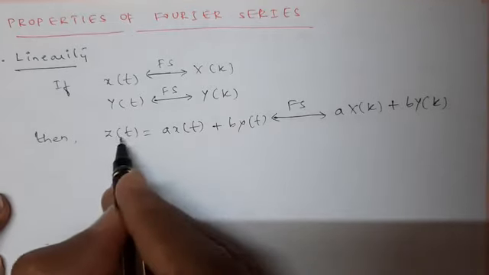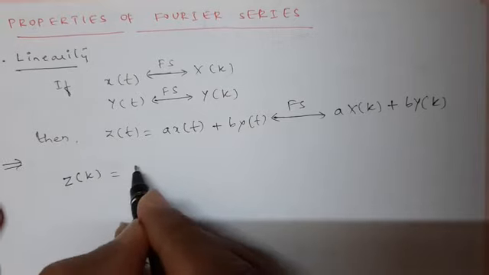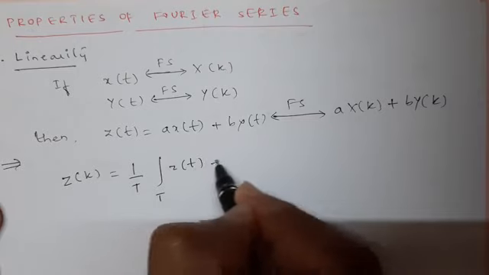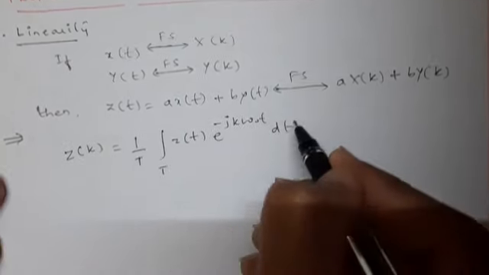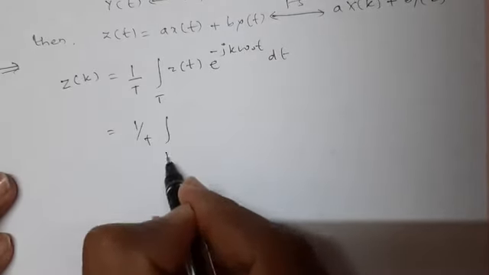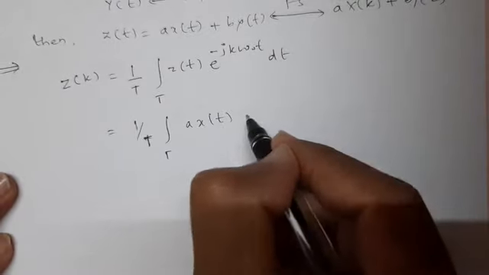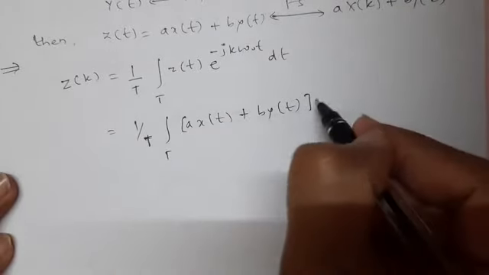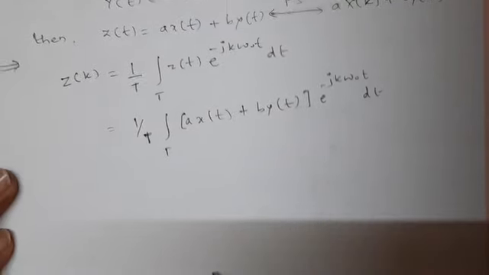Since it is z of t, I'll write the z of k equation. Z of k is 1 by T integration over T z of t e to the power minus j k omega naught t dt. Am I right? What is z of t? It is a x of t plus b y of t, times e to the power minus j k omega naught t dt.